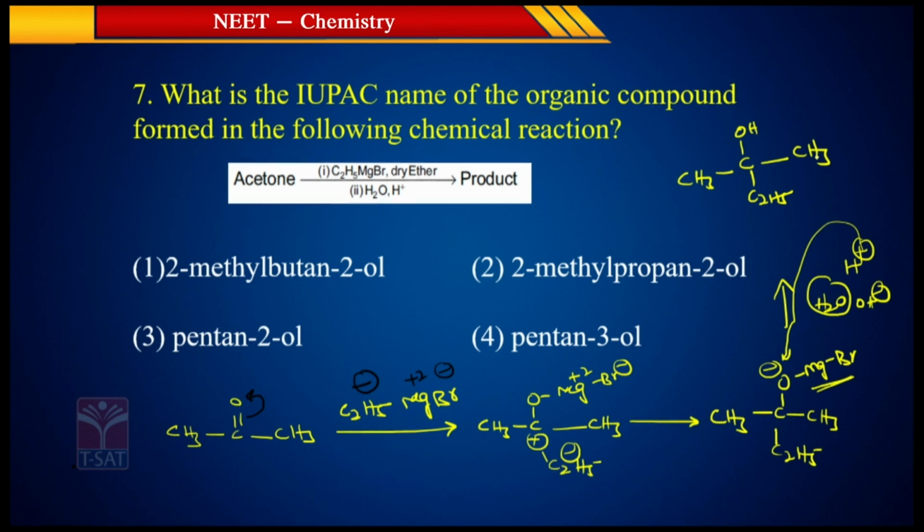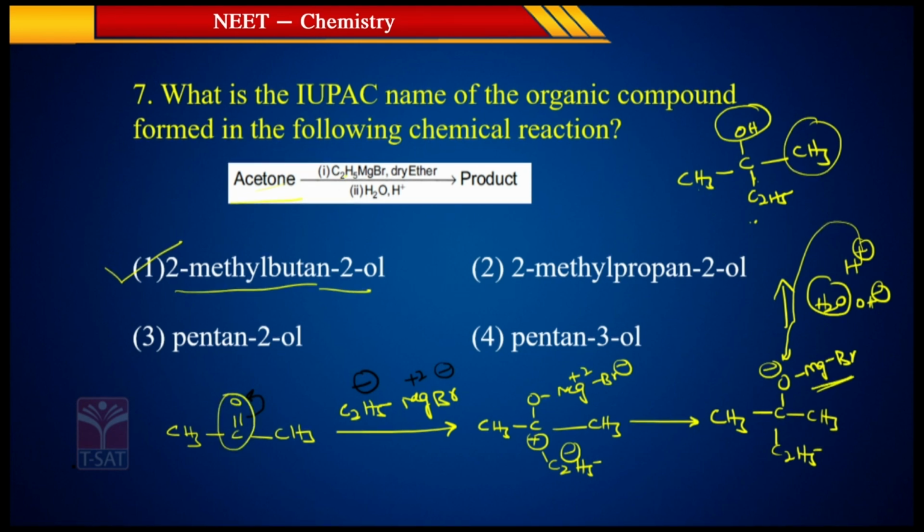Okay. So what is the correct option over there? This is 1, 2, 3, 4 butanol. What butanol is this? 2 methyl is there, and the alcohol is there. 2 methyl butan-2-ol is the correct answer. Acetone is a ketone.